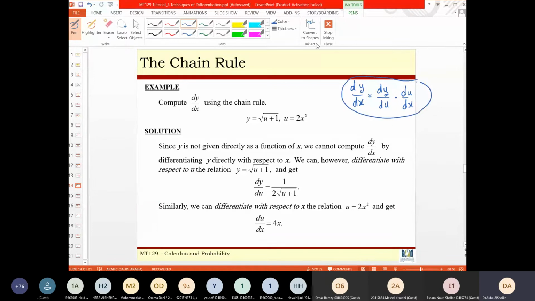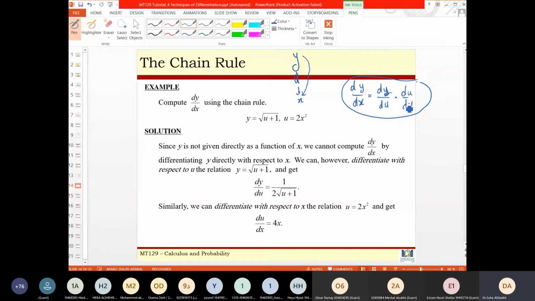There is an intermediate variable: I have y as a function of u, and u is a function of x. I can find the derivative of y with respect to x, but I must pass through u first. So I have to find dy by du and then du by dx and multiply them to get dy by dx.